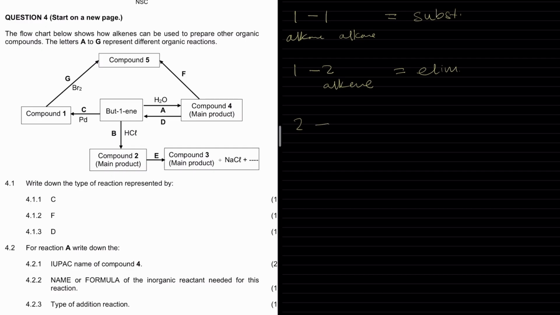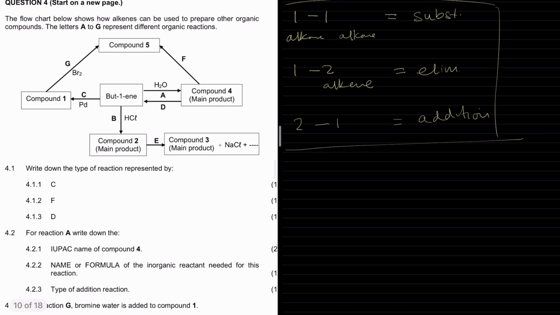If you go from a 2 to a 1, that is an addition reaction. This is my little note that I like to keep. So even if I don't know much about the reaction, even if I can't remember the specific conditions or the mechanism or anything, this is enough just to get me the idea.